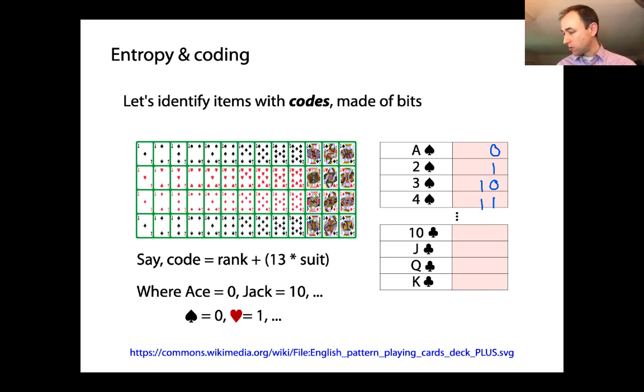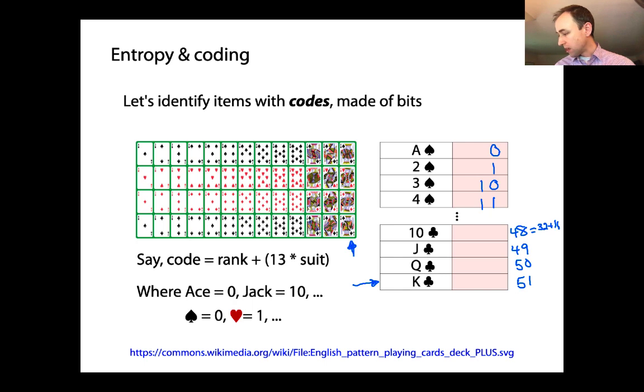Now let's go down. We've skipped to the end, right? The king of clubs is actually the highest of all the cards in our coding scheme. So that one is going to get a code that in decimal would be 51. And then this would be 50, this would be 49, this would be 48. 48 is easy to write in binary, relatively, because it's 32 plus 16.